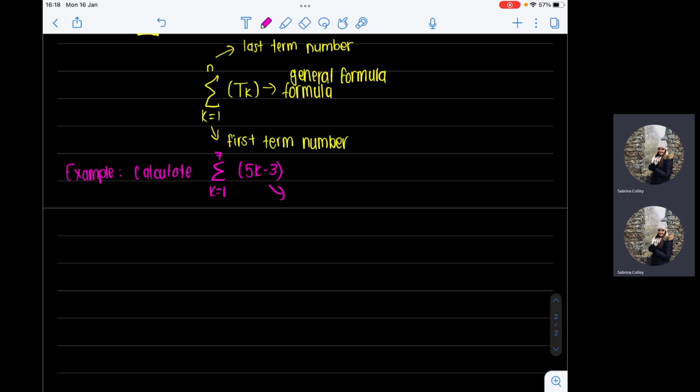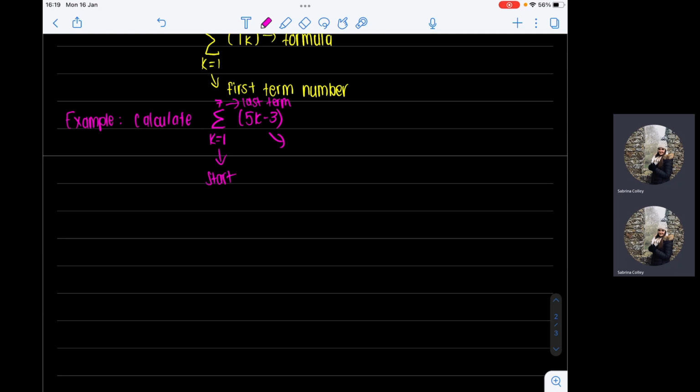It wants the sum of the terms of this linear sequence starting at term 1 and ending at term 7. So basically they're asking, what is the sum of the first 7 terms, right? If we had to do this the long way, we would go, T1, because it's starting at term 1, would be 5 times 1 minus 3, and that's going to give me 2.